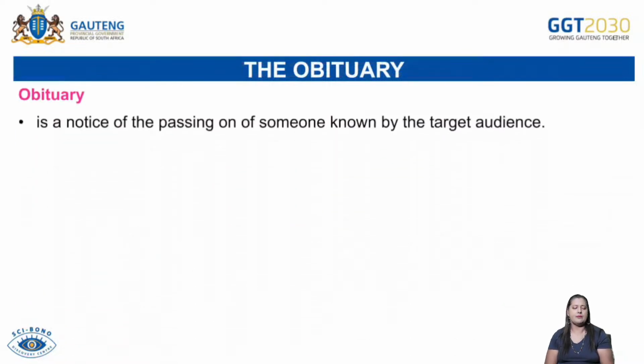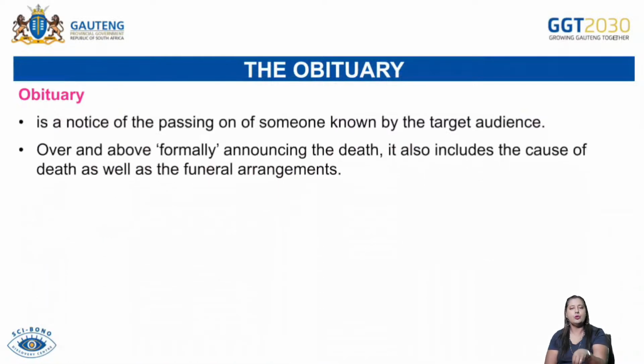Okay, then we come to the obituary. Now, remember, the obituary is the notice of the person who has passed away. So there's a target audience, all right? So you are now showcasing to them that you are formally announcing the passing on of somebody.